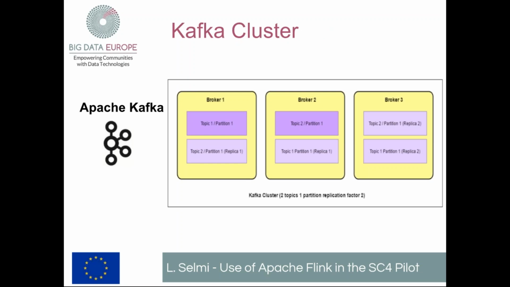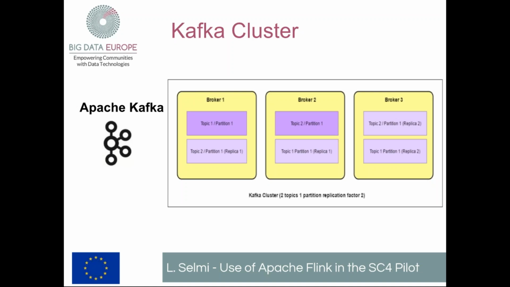Let's say that the minimum cluster that we can think of is a cluster with three nodes, and with 3 brokers distributed across the 3 nodes.